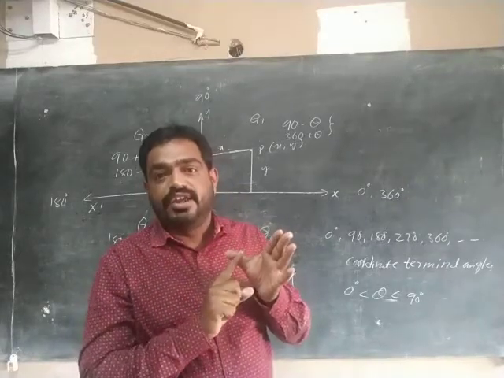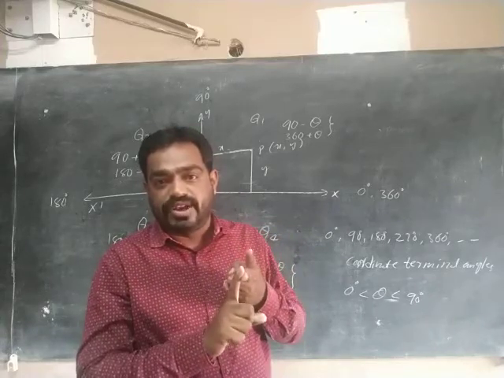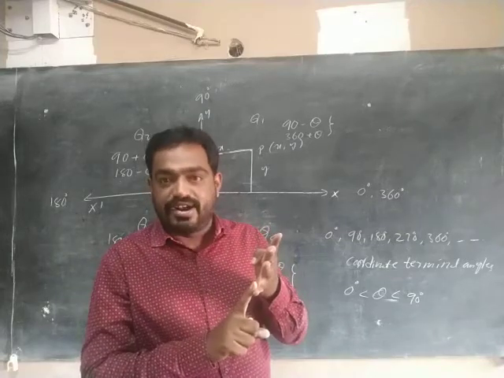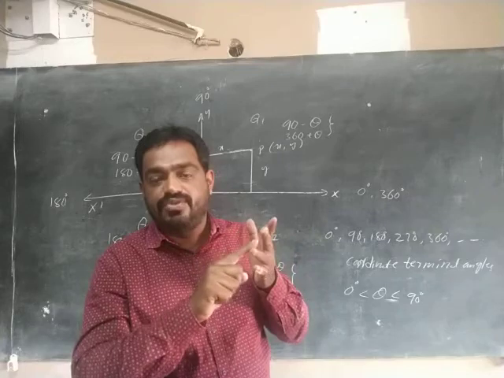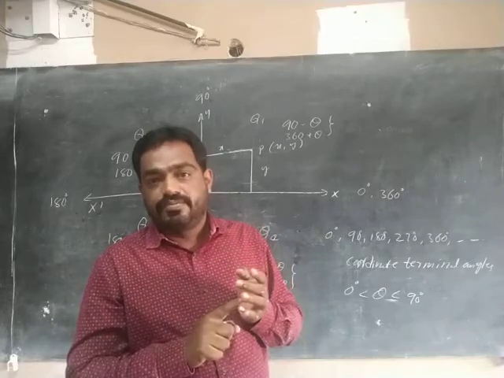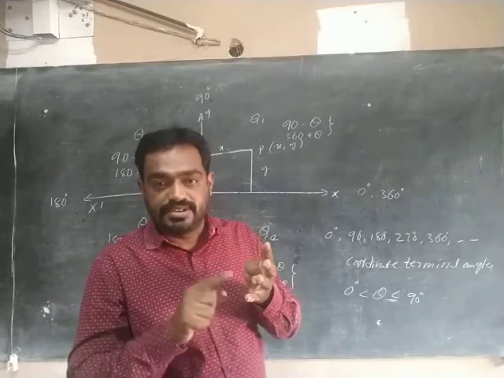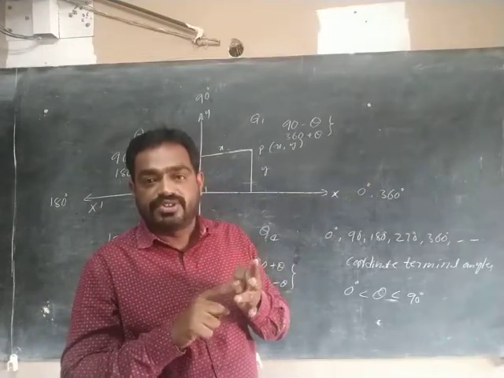The negative x-axis? The positive y-axis? The negative y-axis? What is the definition of an angle? What is the definition of a quadrant? What is the definition of the first, second, third and fourth quadrants? Next, what is the definition of coordinate axis, that is, the x coordinate and the y coordinate?